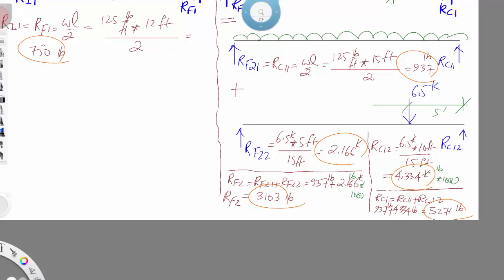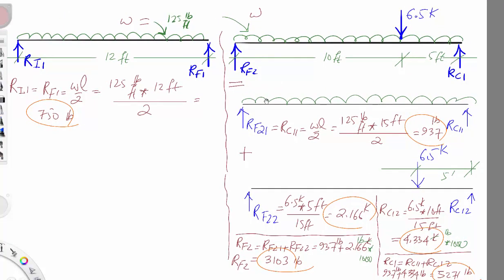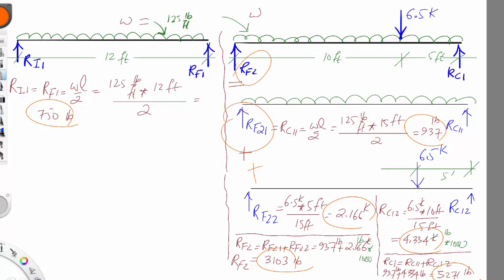Now, this is equal to this plus this, but the value at F is the combination of these two. So we'll do that here.